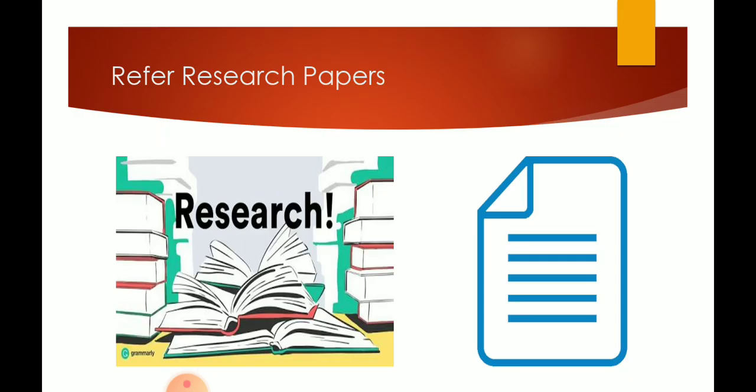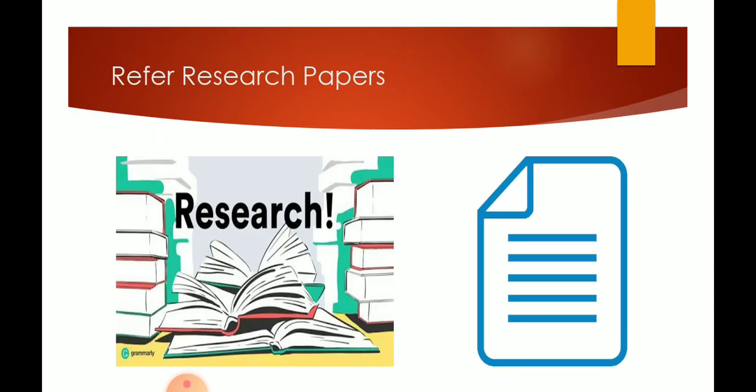And you may not get research papers on the same idea that you have thought of, but you will get research papers on different ideas. For example, say you have thought that you will be doing your project under artificial intelligence using the Java platform.